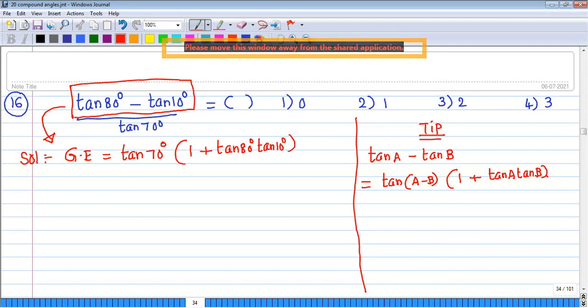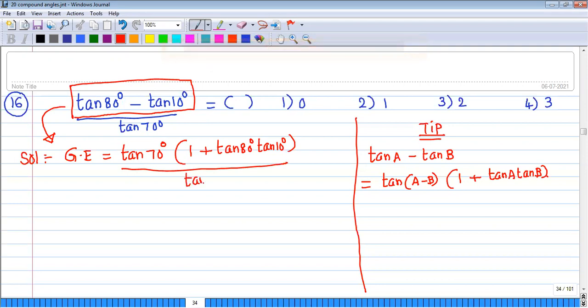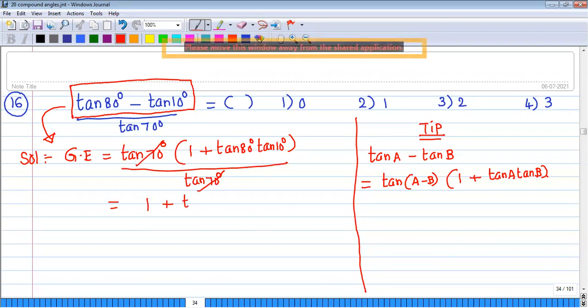Now the numerator, and the denominator as it is, tan 70. Tan 70 and tan 70 cancel. So we have 1 plus tan 80 degrees into tan 10. One interesting result I would like to discuss here.